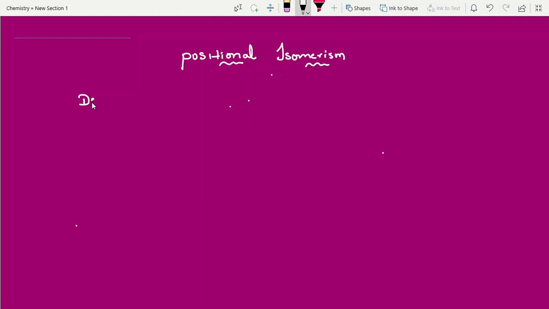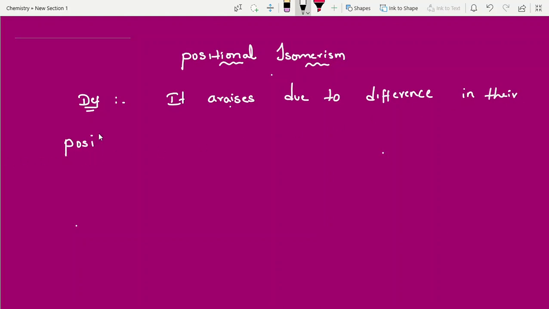What is the definition first? It arises due to difference in their position of multiple bonds.